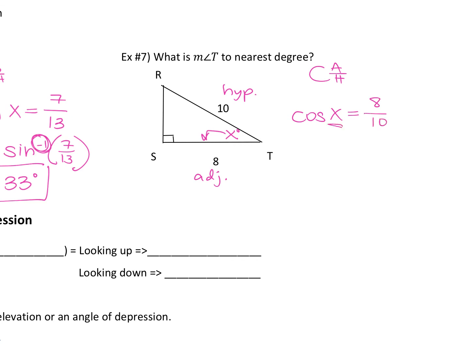Whenever you solve for an angle, you must use the inverse. So X is going to equal the inverse cosine, or the arccosine, of 8 over 10. See if you can plug that in correctly and tell me what you get. To the nearest degree, 37 degrees. You should get 36.86989. So X is 37 degrees.